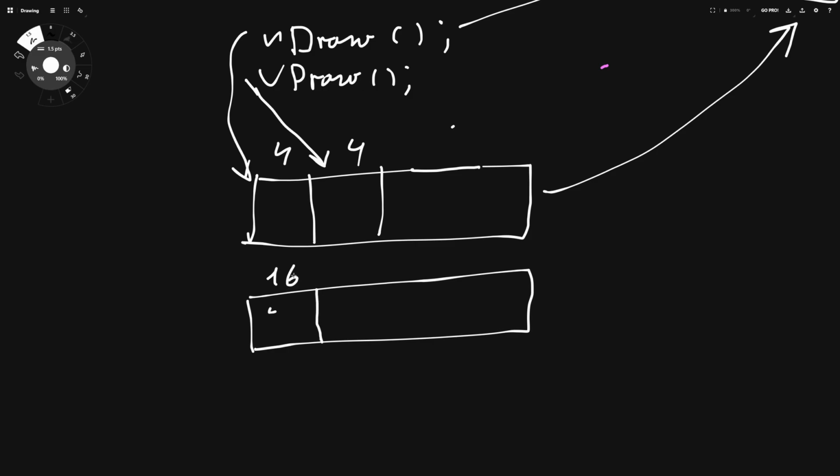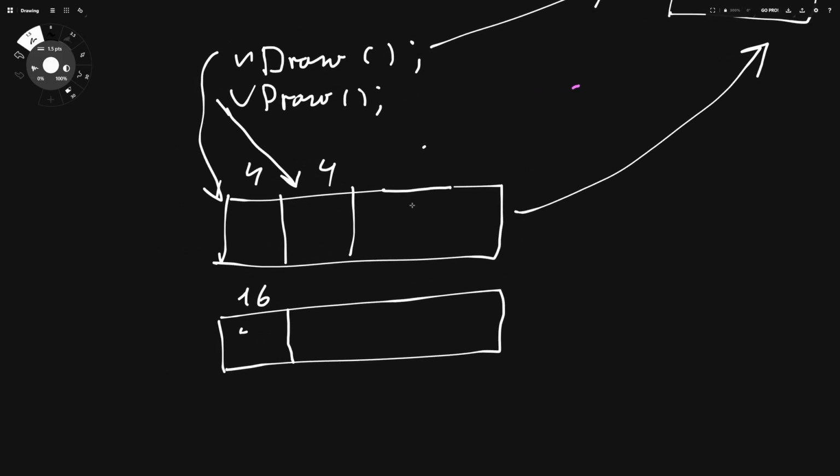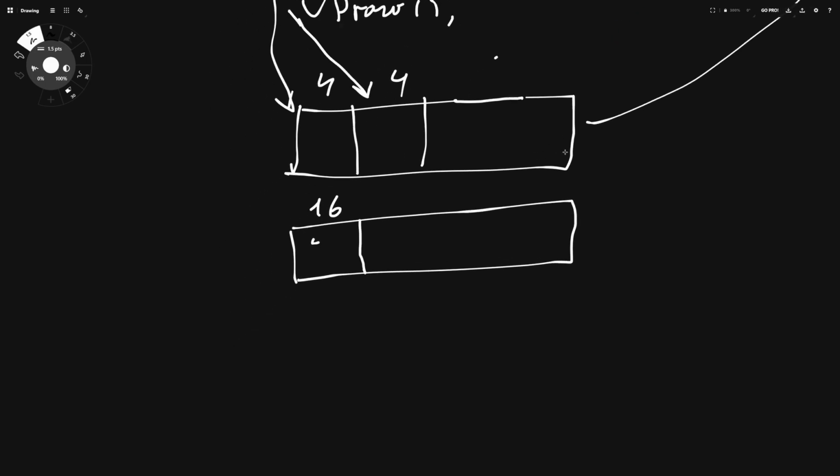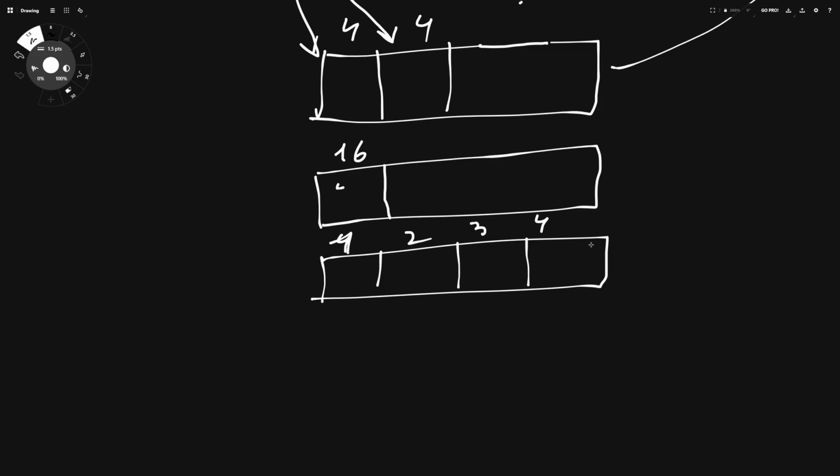The color is 16 bytes, which is 4 floats, and we have 4 vertices, so that's our instance buffer and that's our vertices buffer. We will have 1, 2, 3, and 4 vertices per one instance.